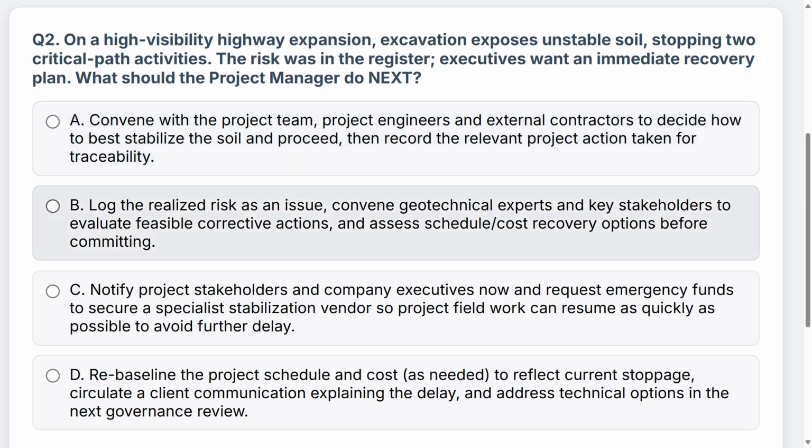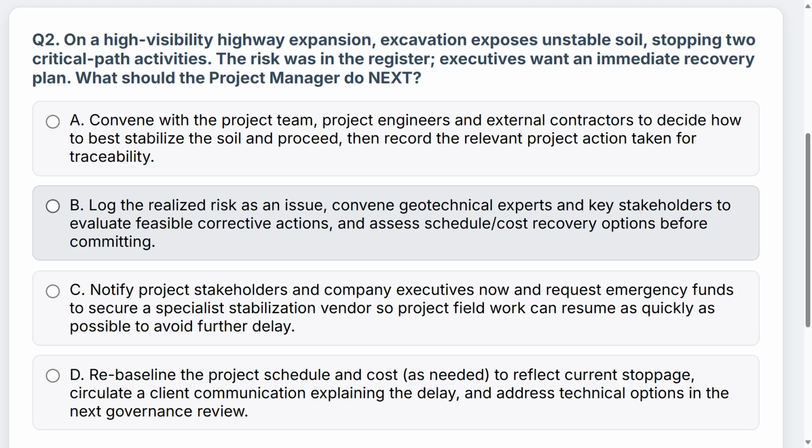A and B are very similar, but B takes a few extra steps. It logs the risk as an issue, which A does not do. It also brings in the similar people, stakeholders, but it is to evaluate feasible corrective actions.